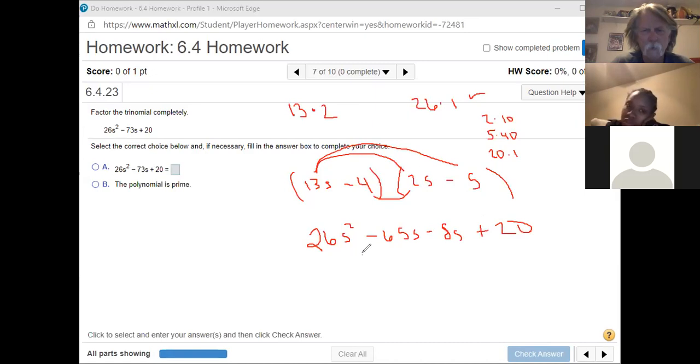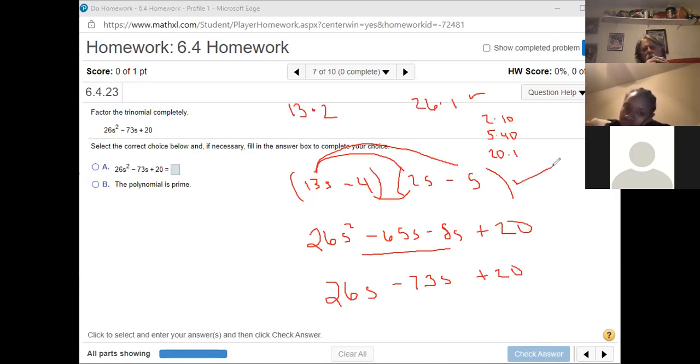So sure enough, I combine like terms in the middle. So this is your answer, that hen scratching. Not easy.